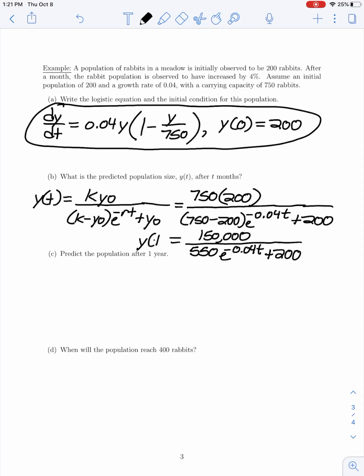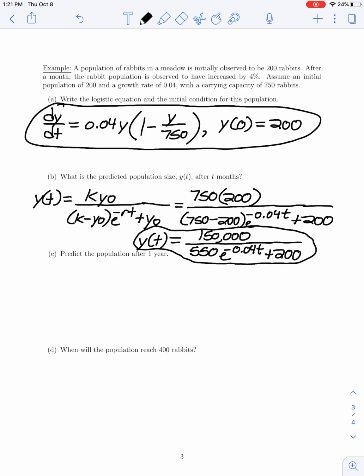So this is the solution of the logistic growth equation that we had written down in part A for this particular rabbit population. Now that we found that solution in general in our first example, we no longer have to go through all that work of using separation of variables and partial fractions every time that we see this equation. We can just substitute the constants y naught, k, and r into the equation that we've already found, and we've got our solution immediately.